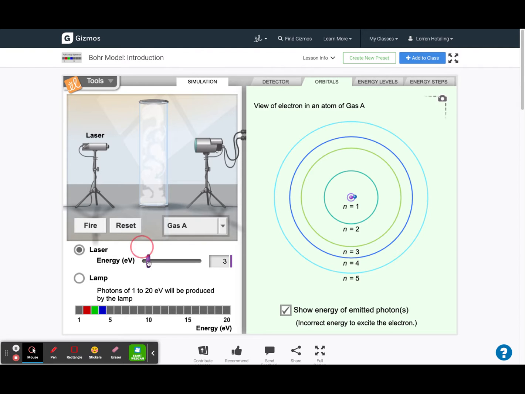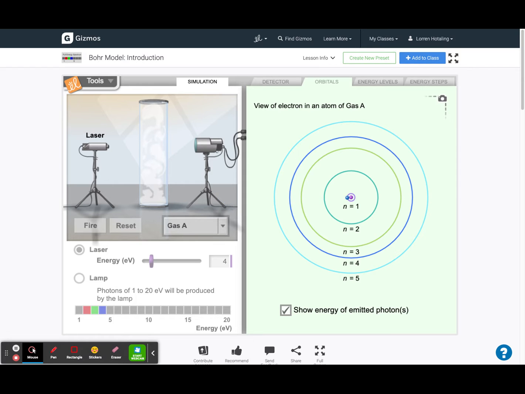We go to energy level 4, and we fire. In the cloud chamber, what we see is the photon goes in, it disappears, and then it comes out at a different angle. When we look at the orbitals, to the right, we see the photon being absorbed.